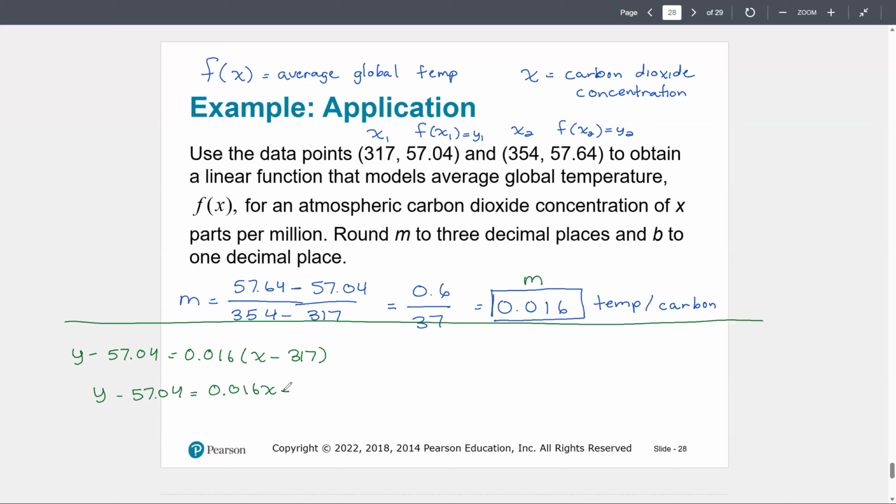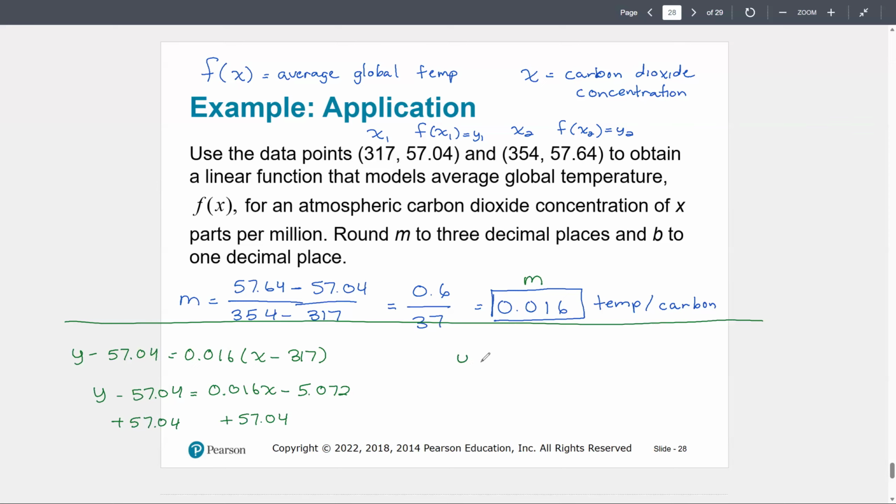let me do this part again in my calculator. So 0.016 times 317 is 5.072. Then we just have to add the 57.04 to both sides.